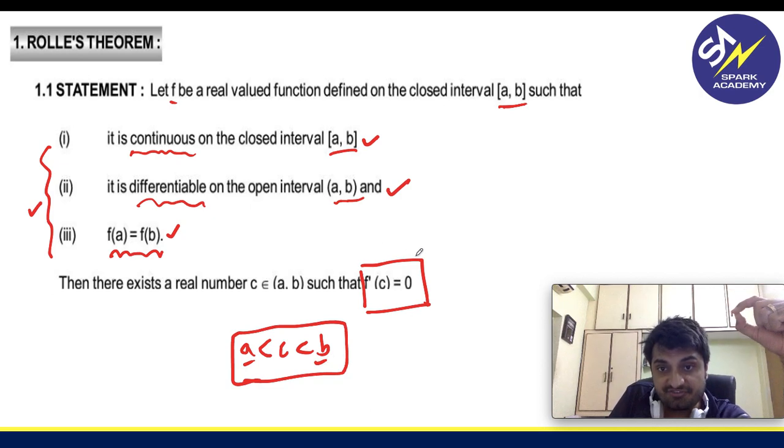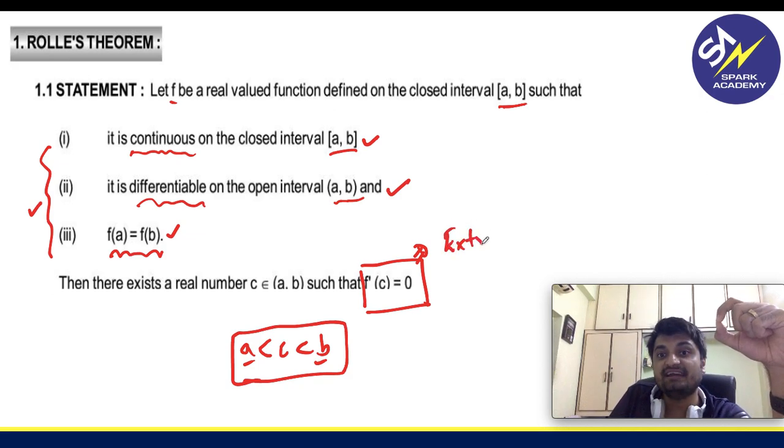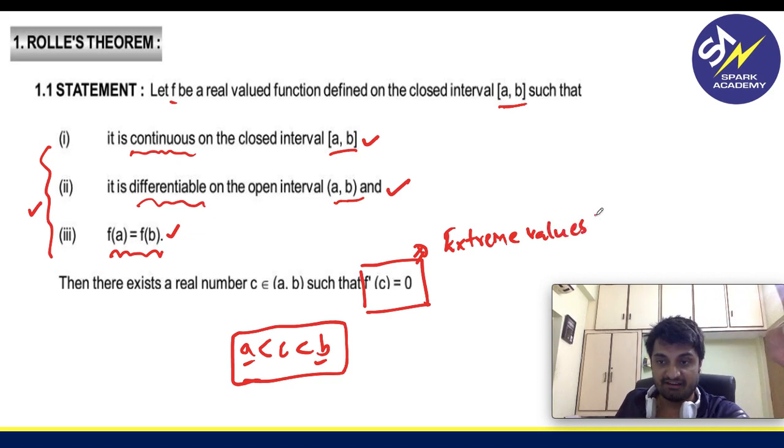In other words, if you differentiate and equate it to 0, what are those called? Those are called basically extreme values, which we learned in Applications of Derivatives. If you don't know it, please look at the Applications of Differentiation video which we discussed in our app. So this is our Rolle's Theorem.